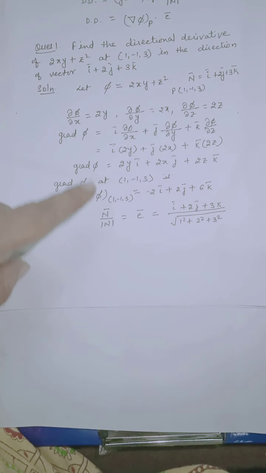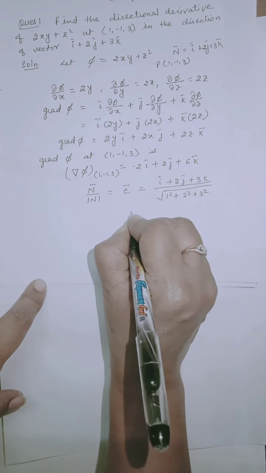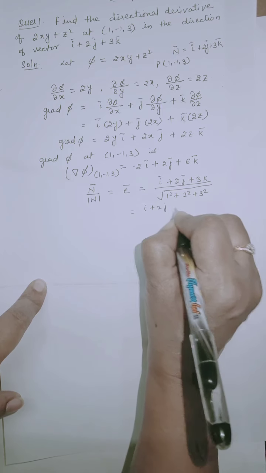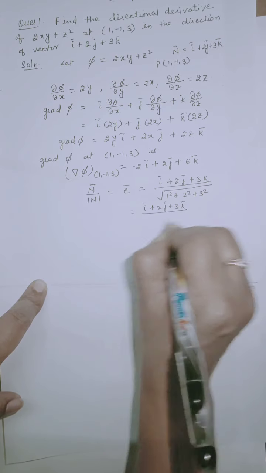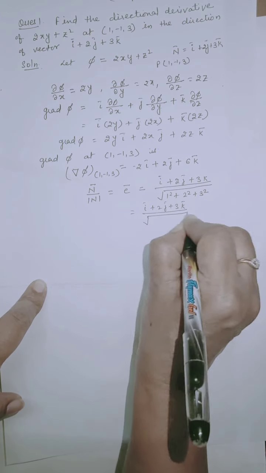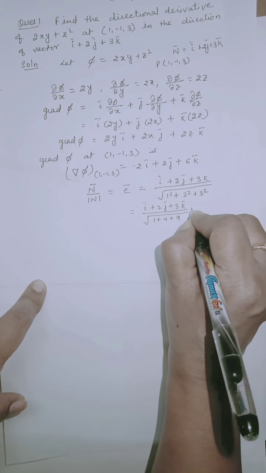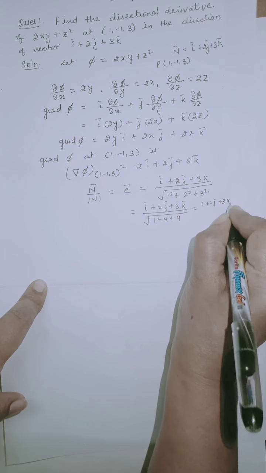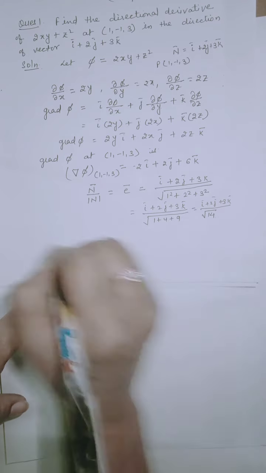So we are finding here the value of unit vector. Right. So this is equal to I plus 2j plus 3k by root 1 plus 4 plus 9, which is equal to I plus 2j plus 3k by root 14.